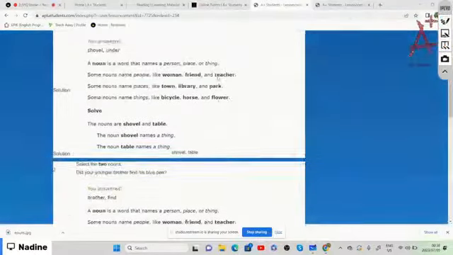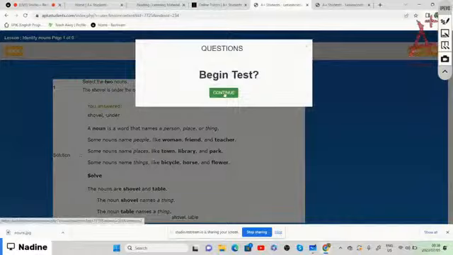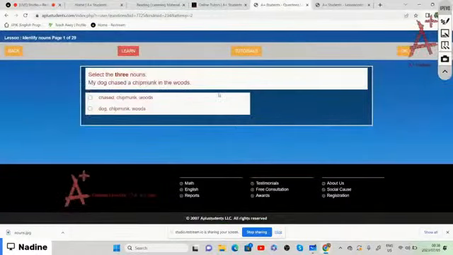All right. So now that is identifying nouns, right? If we go to a little test to see if we will be able to identify nouns, right? They say we need to choose the three nouns. We need to choose or select three nouns within the sentence. My dog chased a chipmunk in the woods.